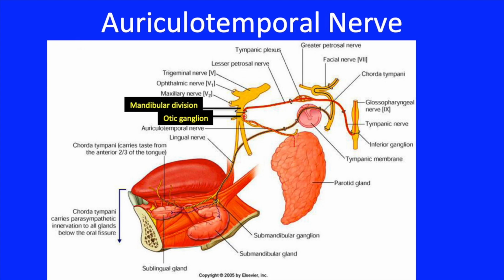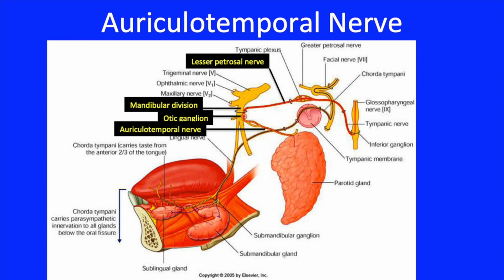General sensory is from the mandibular division. Preganglionic parasympathetic innervation is from cranial nerve 9, specifically the lesser petrosal nerve. This is the nerve that helps form part of the auriculotemporal nerve, the nerve that sandwiches the middle meningeal artery.